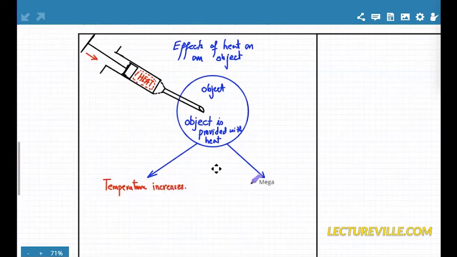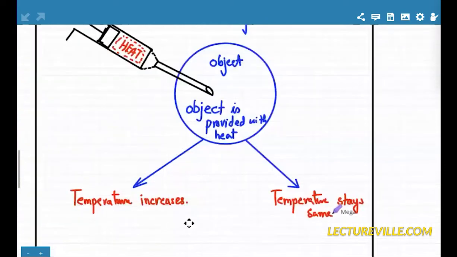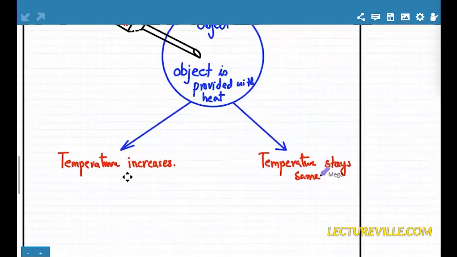Another possibility is that temperature stays the same. So these are the only two possibilities that can happen. On providing heat energy, the temperature of an object can increase or it can stay the same.